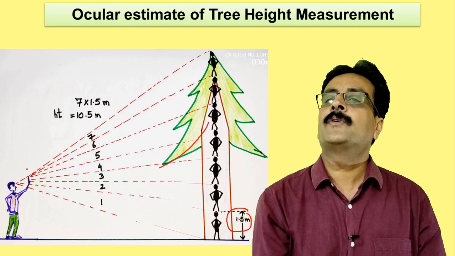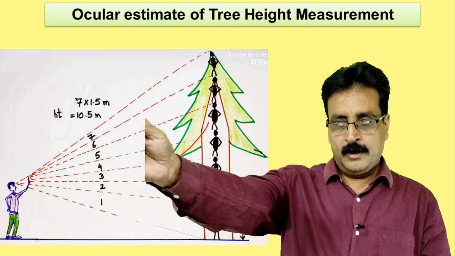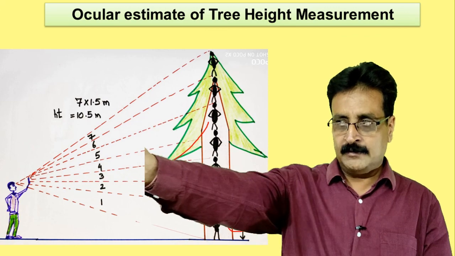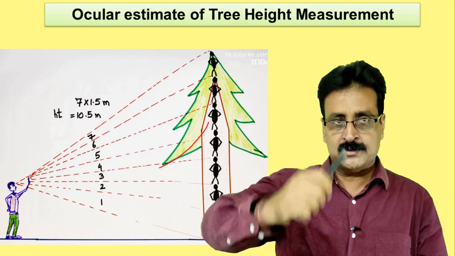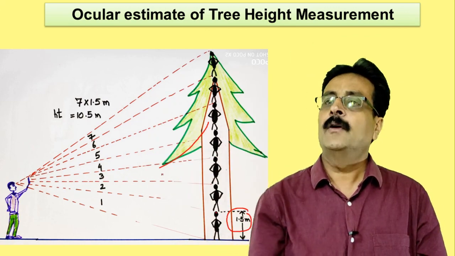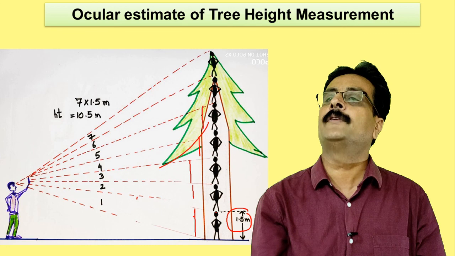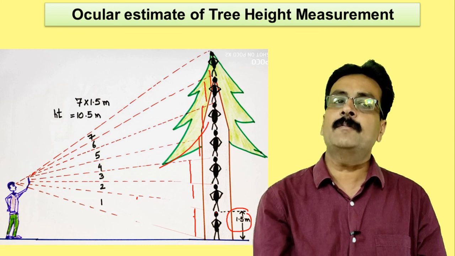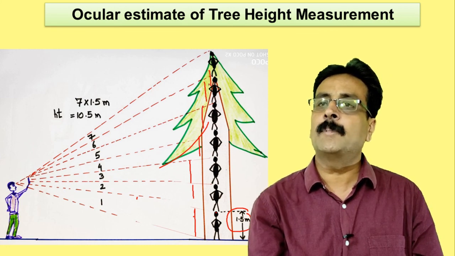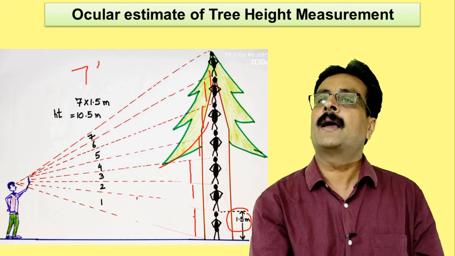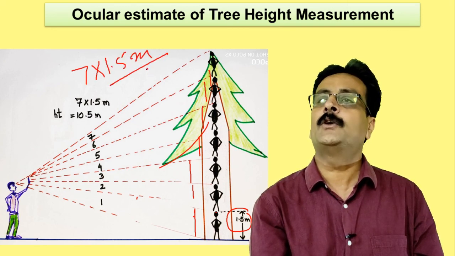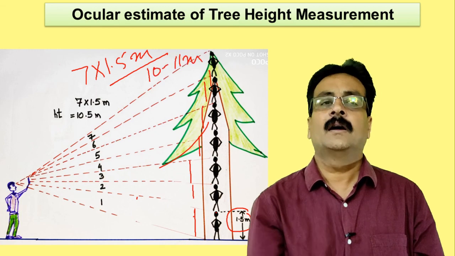We take a pencil and cover its length with our thumb against that person standing at the base, and count it as one. We cover 1, 2, 3, 4, 5, 6, 7 times with that pencil, and then we multiply 7 by 1.5 meter. So we get somewhere 10 to 11 meter height, approximate.